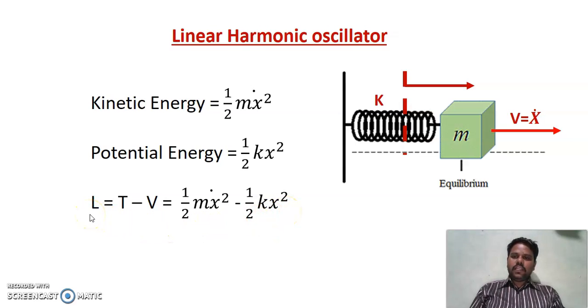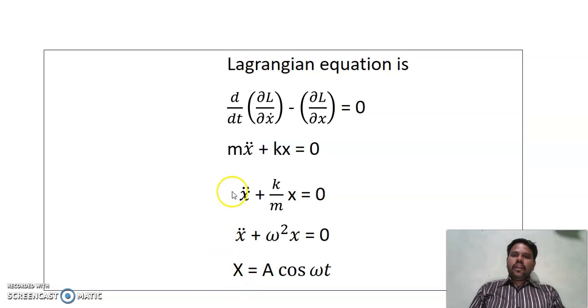We observe that the Lagrangian is a function of x, x dot and t. So the Lagrangian equation is d by dt of dou L by dou x dot minus dou L by dou x is equal to 0.